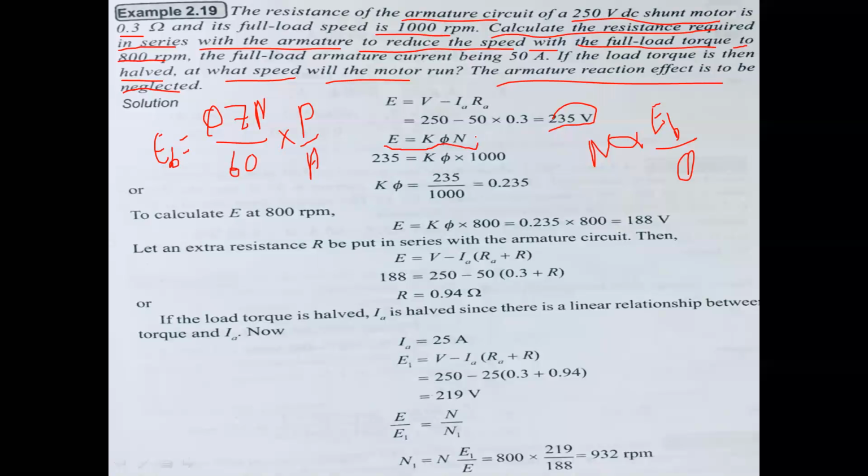All the constants are represented by one constant, so E equals K phi N.